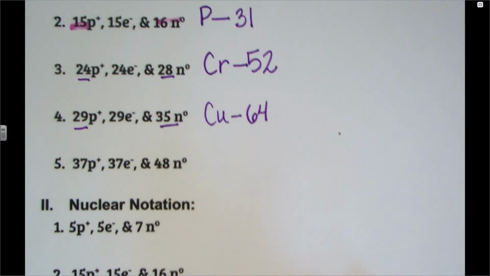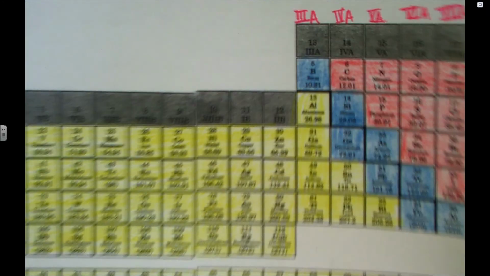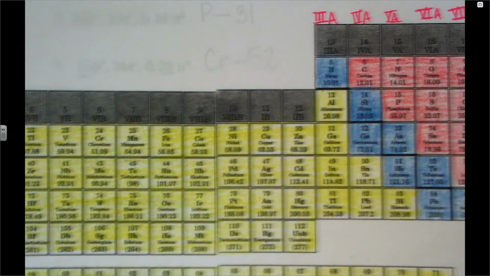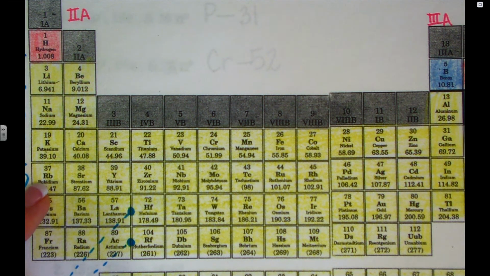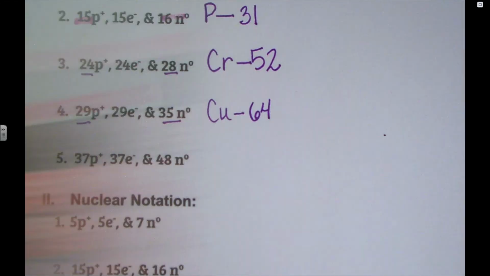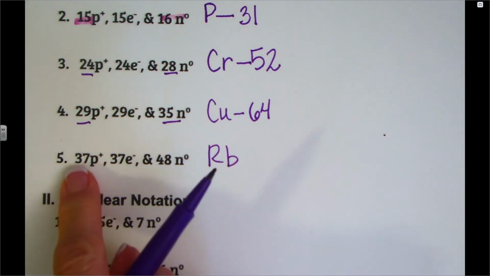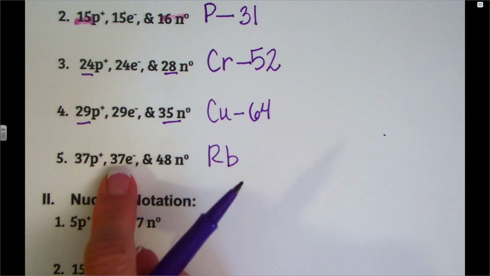Number 5, 37 protons. So look to your periodic table and find the element that has only 37 protons, and you will see that is rubidium, Rb. So you're going to put the symbol Rb. Notice again, the protons equal the electrons, so it's an atom, no charge needed.